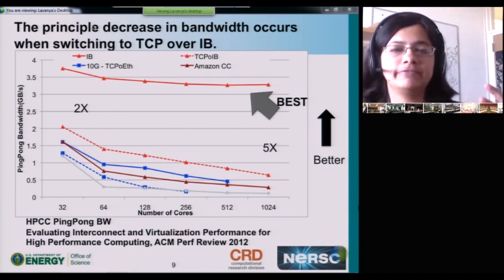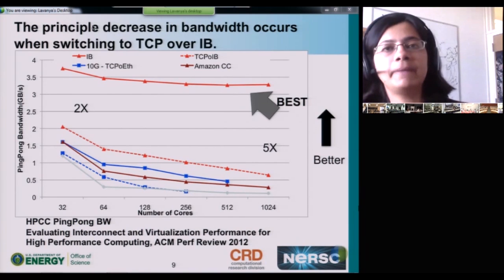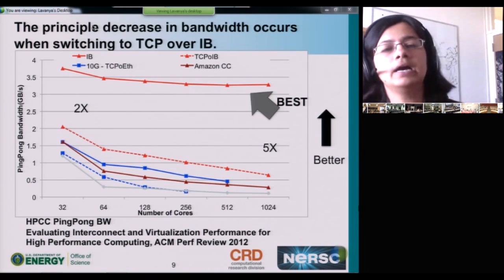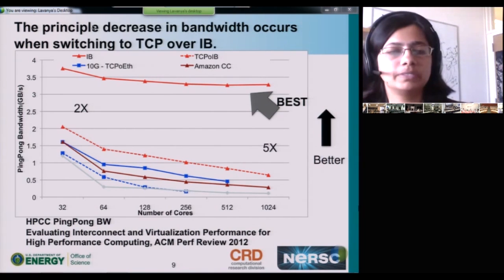First we ran InfiniBand, then we ran the TCP over InfiniBand. That used the InfiniBand fabric, but used the TCP protocol in the InfiniBand fabric. Then we did a study where we used a 10 gig TCP over Ethernet, and then we had a bunch of different virtual machine configurations and stuff.